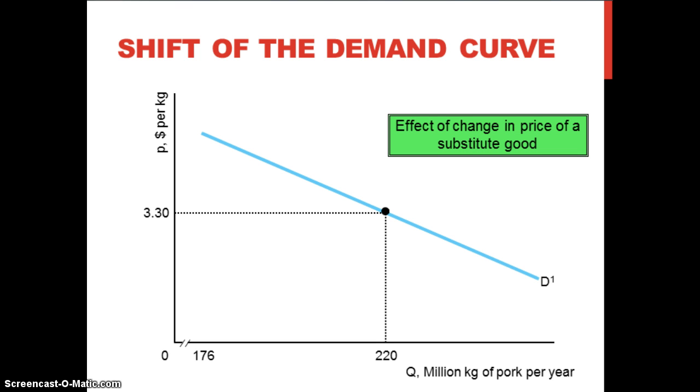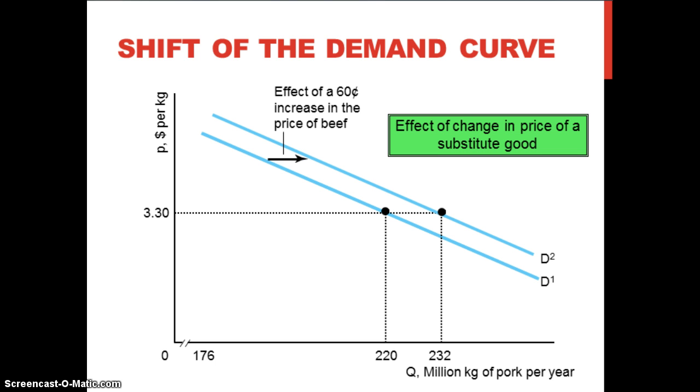And if the price of beef increases, people will buy more pork instead of beef because beef became more expensive. So if the price of beef increased by 60 cents, the demand curve of pork shifts rightward. As a result, the quantity of pork demanded by consumers will increase.